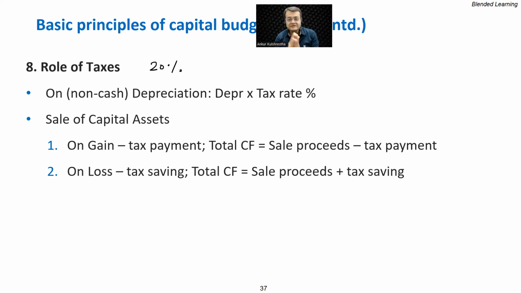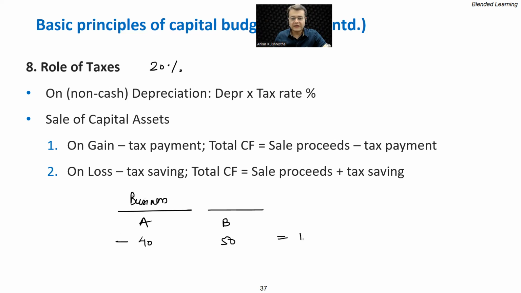Okay. Now, this is where you have to understand it a bit. Let's say I am doing my business A, and then there is a business B as well. Think about it. If business A incurs a loss of 40 and B incurs a gain of 50, the overall gain that the company will write in their income tax return is 10, and 20% of that is just $2 of taxes that the company has to pay.